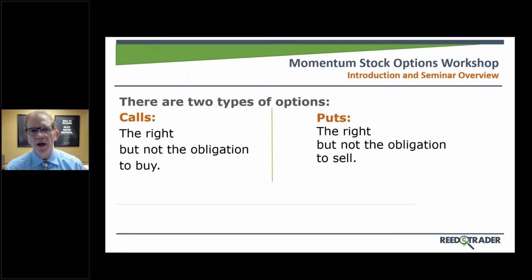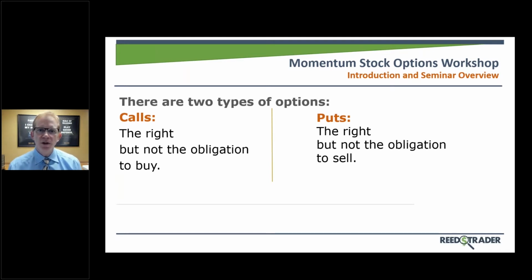So there are two types of options. There are calls and there are puts. A purchaser of a call has a right, but not the obligation to buy. So this is the big difference between options and underlying like futures or stock, or just other business transactions.